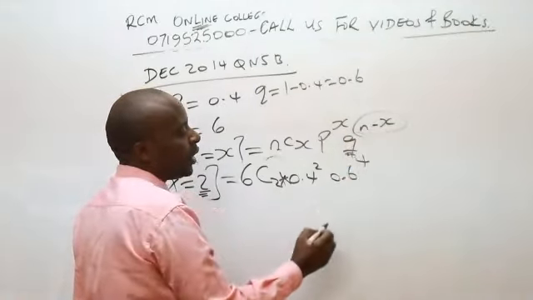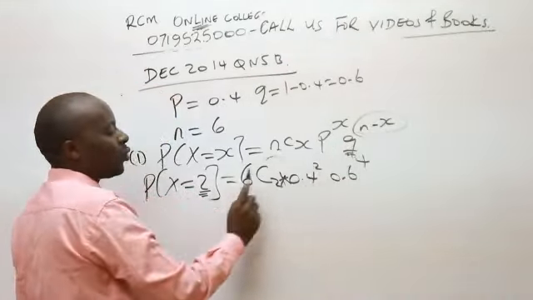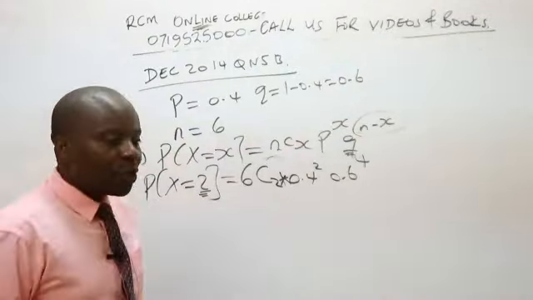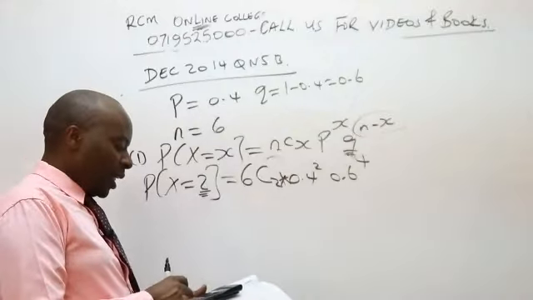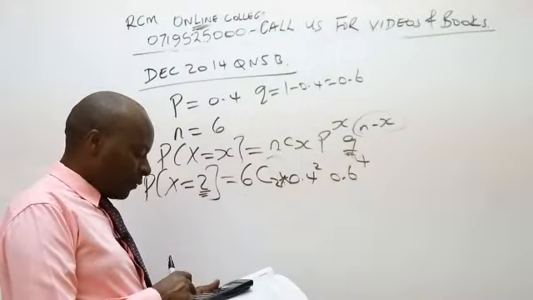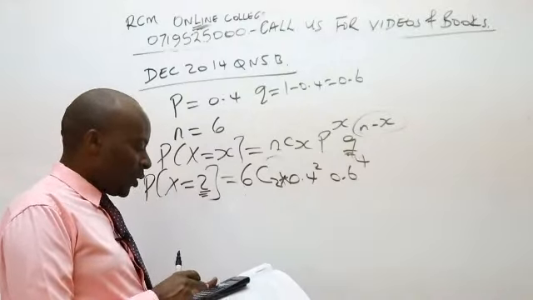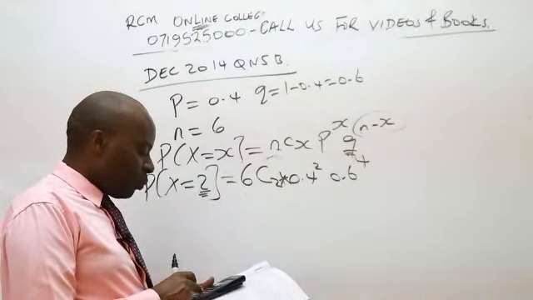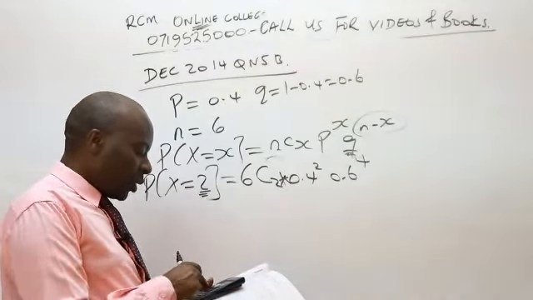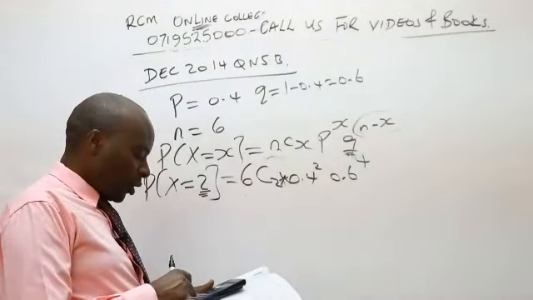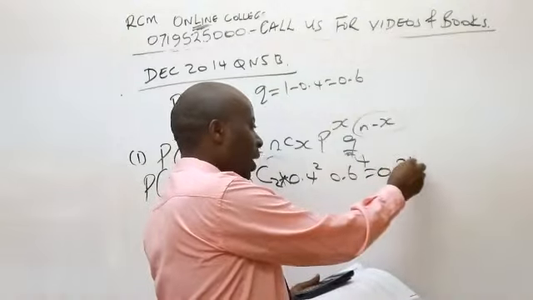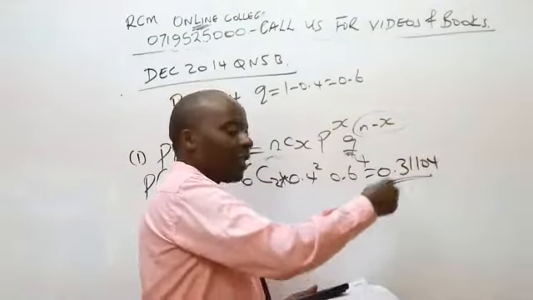The balancing power here will be 4, given the fact that the 2 added together must add up to 6. So here we have 6 combinations 2 times 0.4 raised to power 2 times 0.6 raised to power 4. At the end of the day this gives me 0.31104. That is the answer.